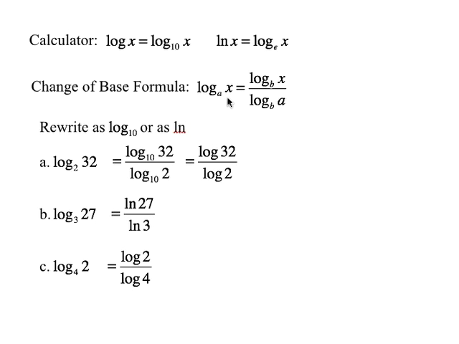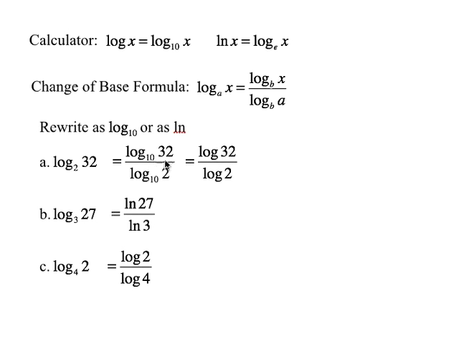If I have the log of any base, I can change that into a different base by taking the x in the numerator and the a in the denominator. For example, if we wanted to rewrite log base 2 of 32 in base 10, we take the log of 32 in the numerator and the log of 2 in the denominator.